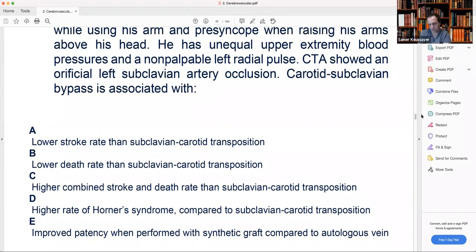Of course, you keep the vertebral; you cannot ligate it. Then you bring it up and do the carotid subclavian transposition. So the problem is that you sacrifice the internal mammary, which is very important. A lot of people like to use it, especially for heart surgery. This is the downside of the procedure.